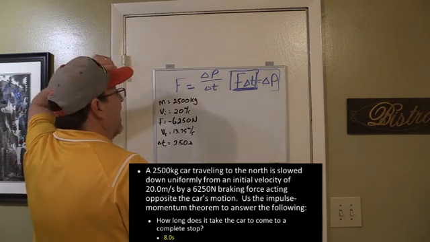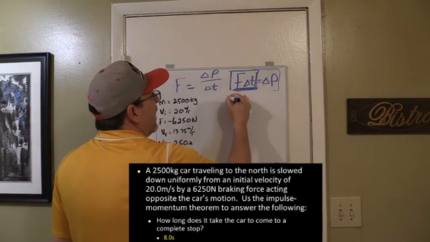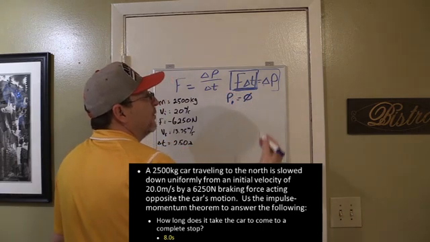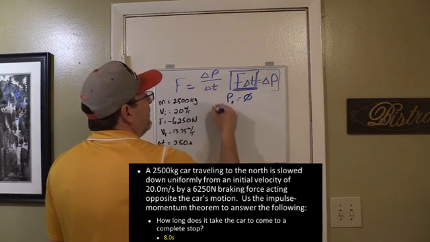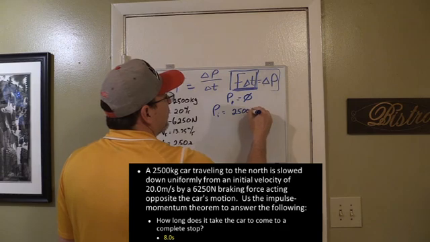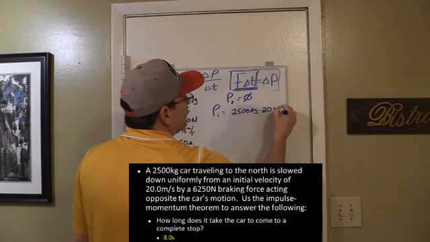So I know that for my change in momentum, my momentum final is going to be 0. My momentum initial is the mass, 2,500 kilograms, times the velocity, 20 meters per second.